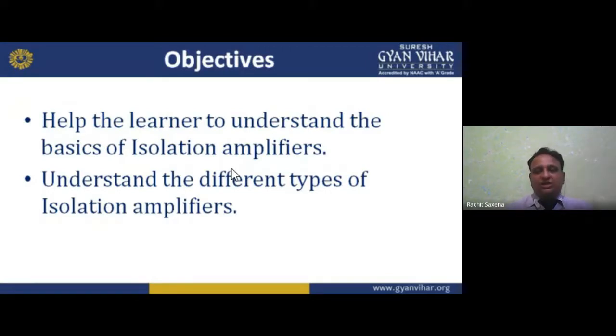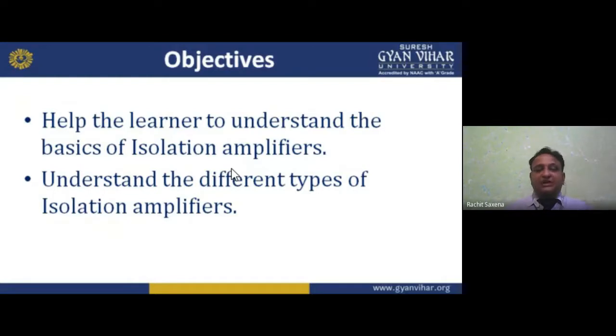So my objective in this lecture is to understand the basics of isolation amplifiers. What is the isolation amplifier, what is the basic behind it, why we are using it, and understand the different types of isolation amplifiers.